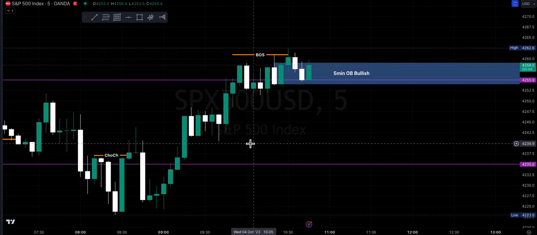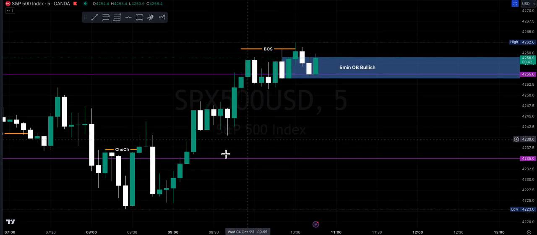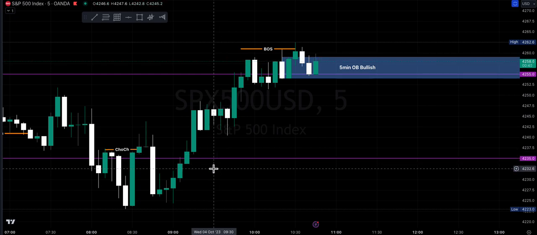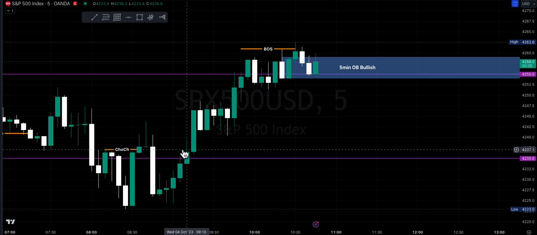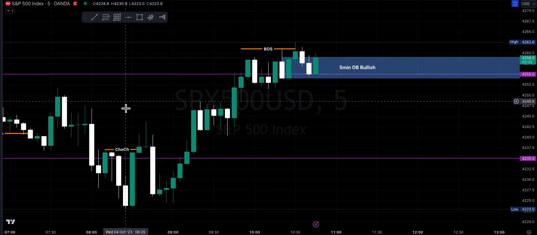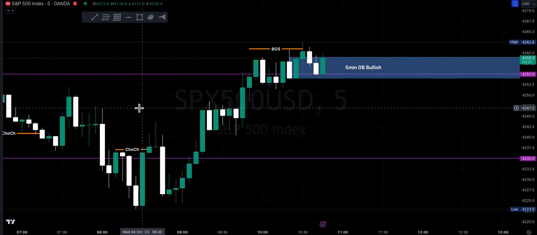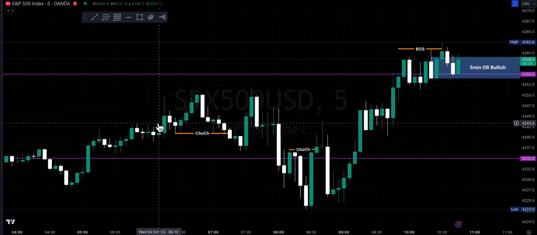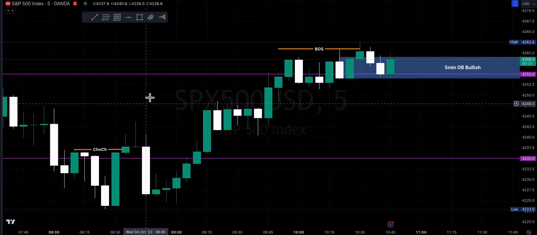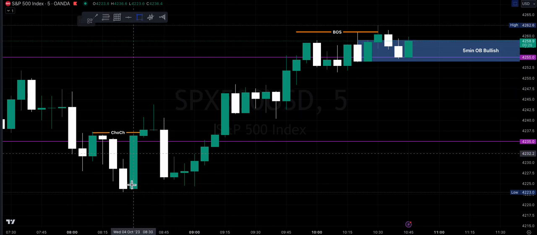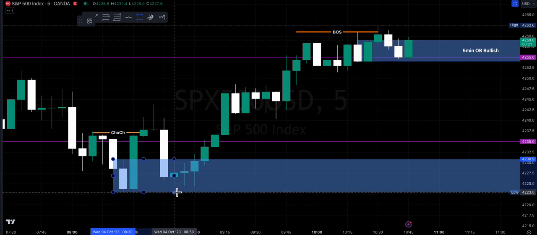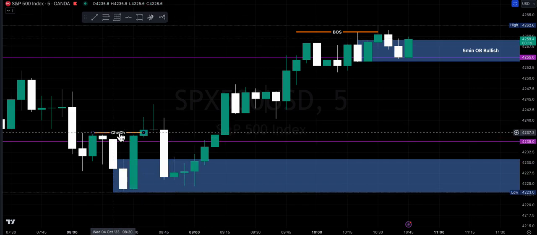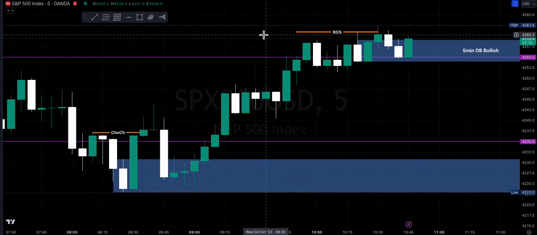There's more theories about what makes an order block stronger, and that also has to do, for example, with fair value gaps. I'll do a really fast explanation of what a fair value gap is. Remember, we determined this was an order block earlier, right? When we changed character there, it came back down and then pushed up.